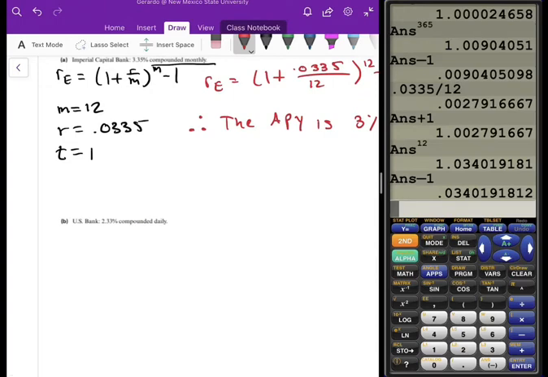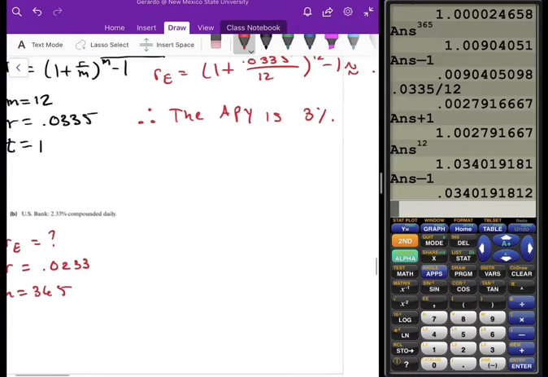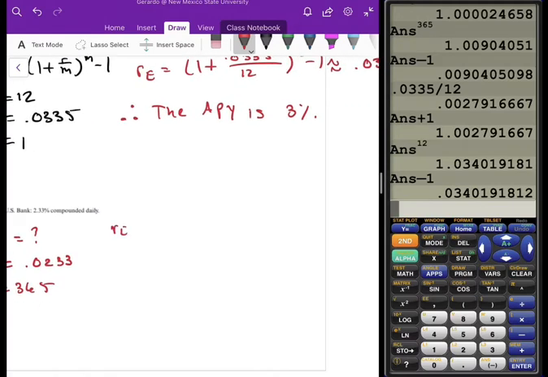So let's do this one again using the same formula. The rate is 0.0233, compounded daily, so M equals 365. RE is equal to 1 plus 0.0233 divided by 365, to the power of 365, minus 1.